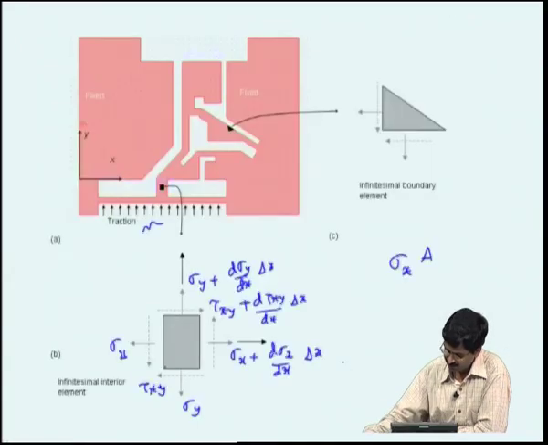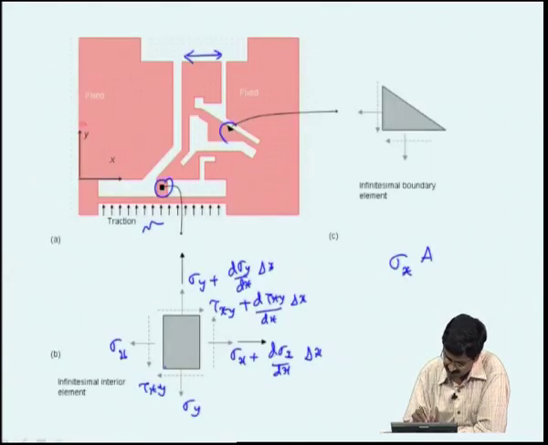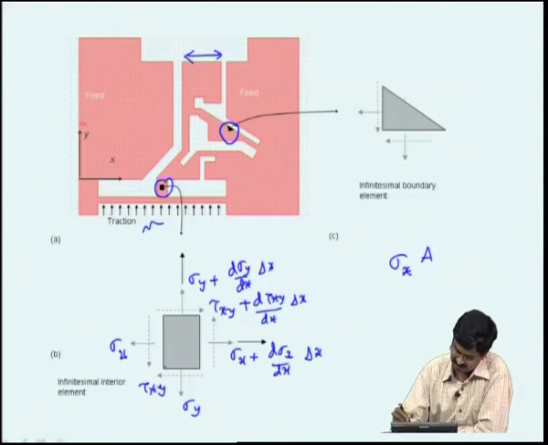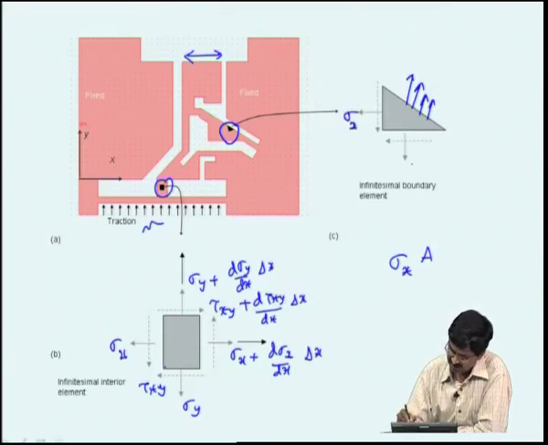And one more thing: what if there is an element on a boundary? That will have an external force, not torque, applied on it, and this side will have sigma x, sigma y, and tau xy.